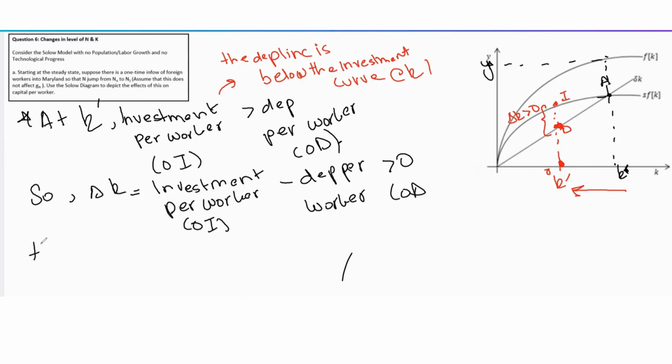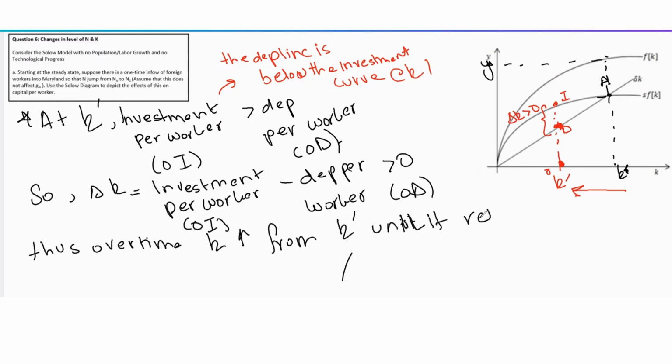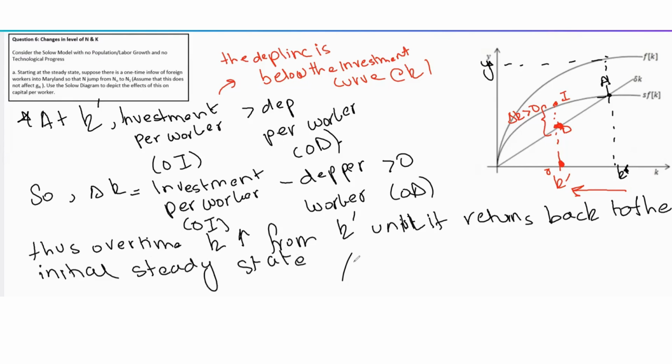So as the change in capital per worker is greater than zero, over time k increases from k prime, the lower level that we came to when capital N went up, until it returns to the initial steady state k star, where investment per worker is equal to depreciation per worker, so the change in capital per worker is zero.